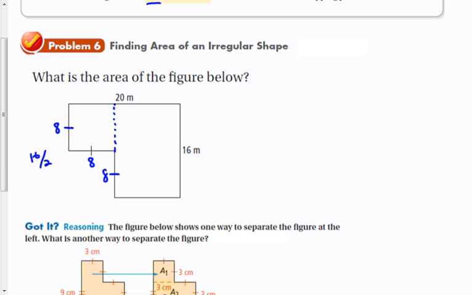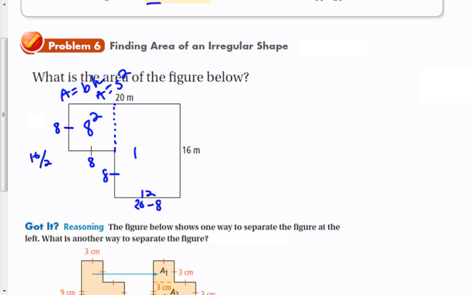So now I can just add up the 2 parts here. Area equals base times height. Or for a square, it's area equals the side squared. So 8 squared is this area. Base times height here. 20 minus 8 is this base, so that's 12.